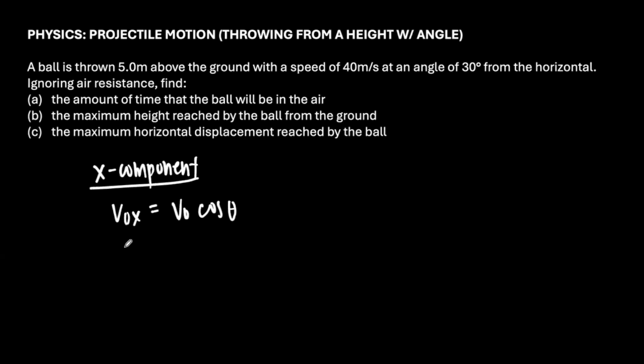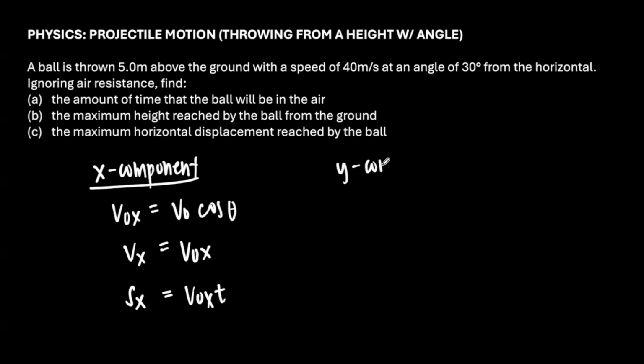And then the velocity at any point in the projectile, along the x-axis, is equal to the initial velocity in the x-axis as well. This is because there's no change in velocity, since there's no acceleration in the x direction. Acceleration is only due to gravity, and that is in the y direction. And then the displacement in the x component is equal to this times the time.